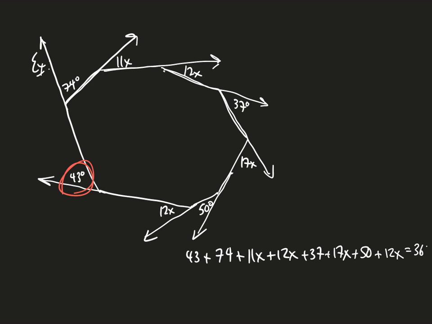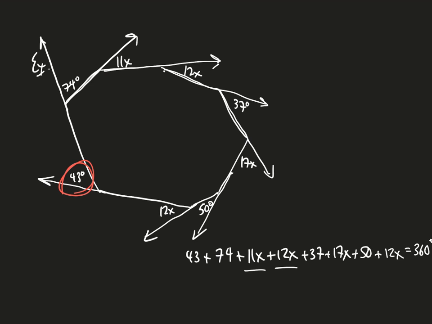That gets me back to where I started. So the sum of all those will be 360. All right, so 43 plus 74 plus 11x plus 12x plus 37 plus 17x plus 50 plus 12x equals 360.